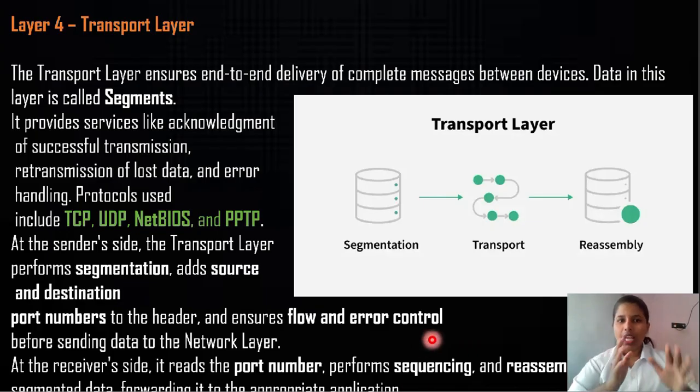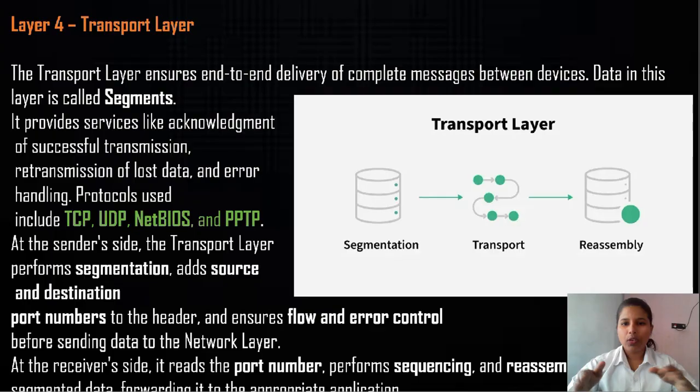We can say that the data we got from the session layer, we make it into segment form. We check for any transmission problems, any lost data, any error handling issues. For example, when we send an email, the email is broken into small segments for easy transmission, and protocols such as TCP or UDP are used according to the file.